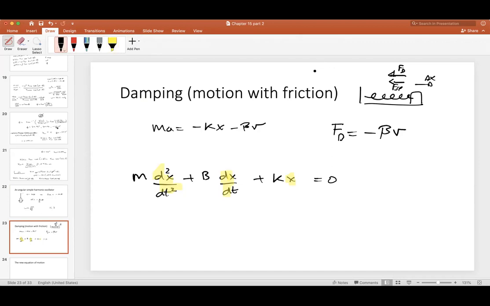Okay. This is, again, a homogeneous differential equation. All we've added, the only physics we've added, is some friction or damping, some resistant force, some force that's resisting the motion. And we gave it this form of some coefficient beta times the velocity.